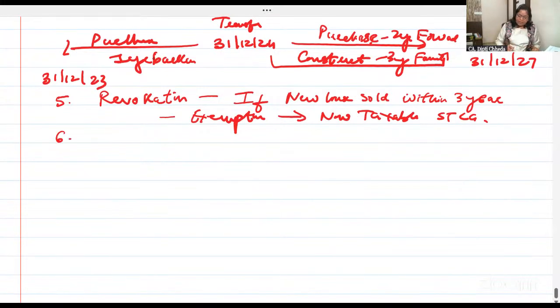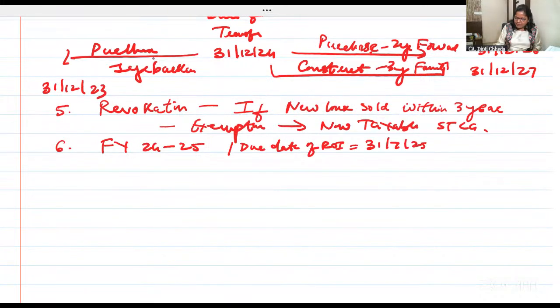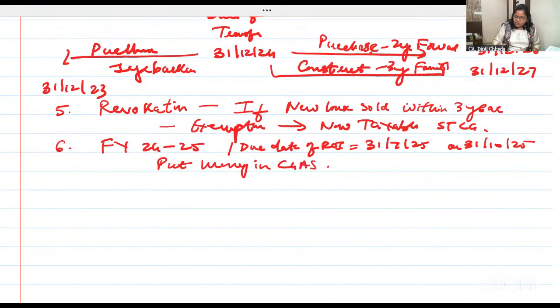Okay? And for our financial year 24-25, due date of return of income, say 31st July 25, और अगर audit होता है तो 31st October 25. Put money in CGAS. So many times they give you that the money is put in CGAS in December 25.